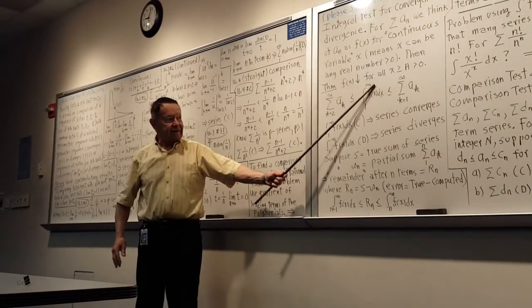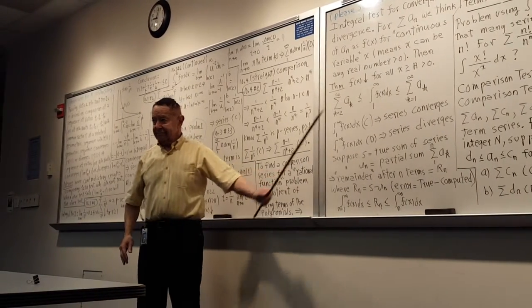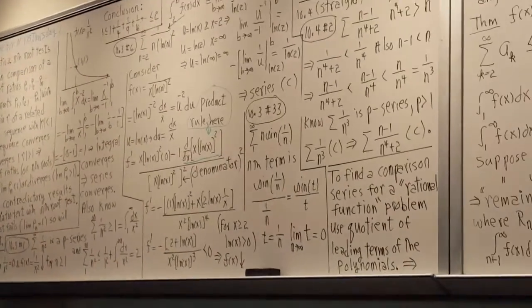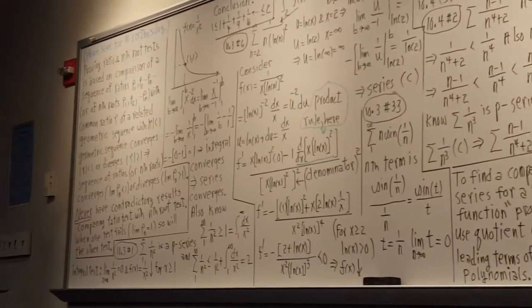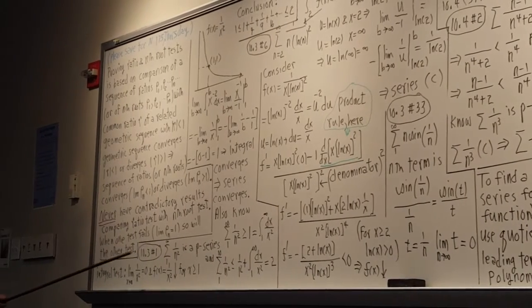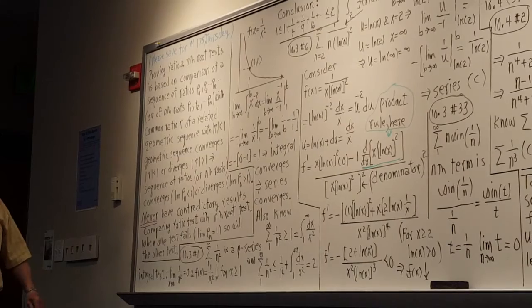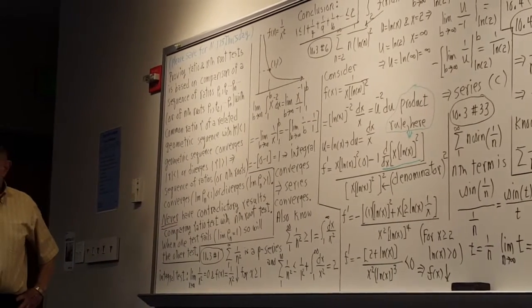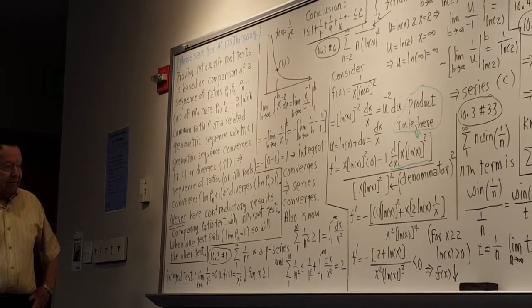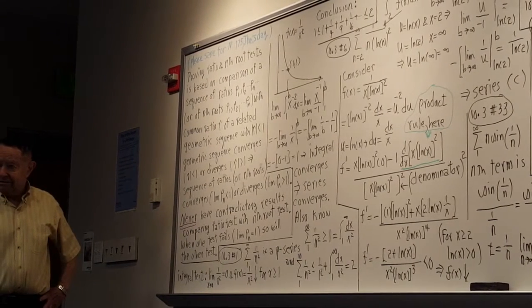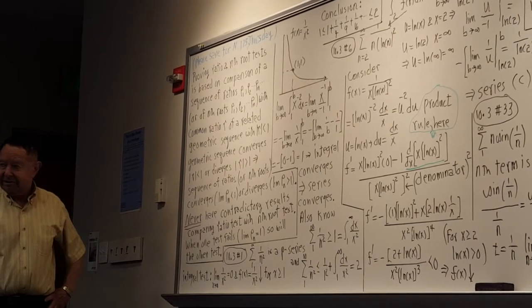So if this value is 1, which is what we got for the improper integral, what we know is that the first term of this, which is 1, plus the improper integral is greater than or equal to the sum of the series.